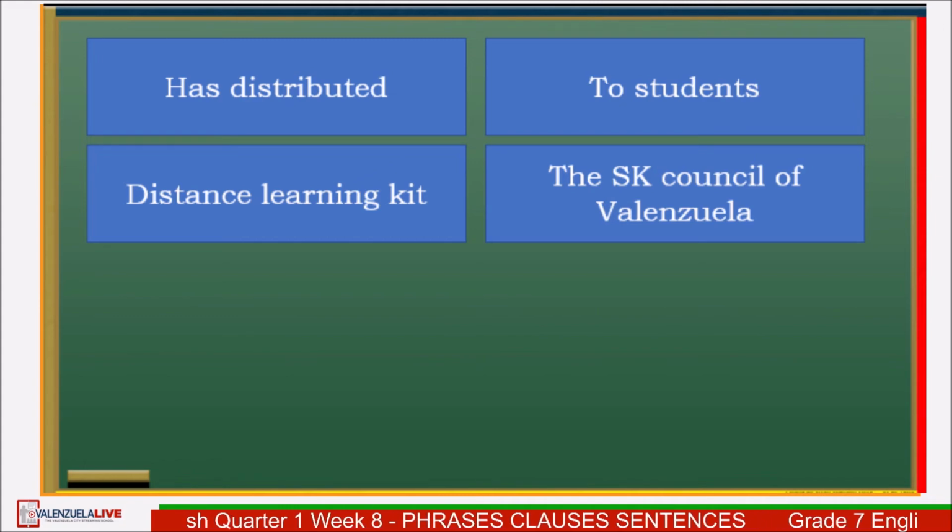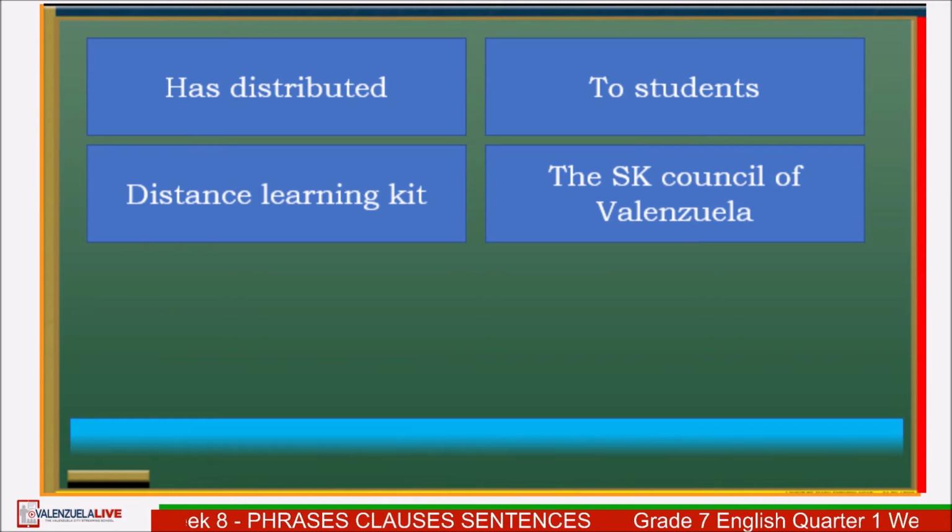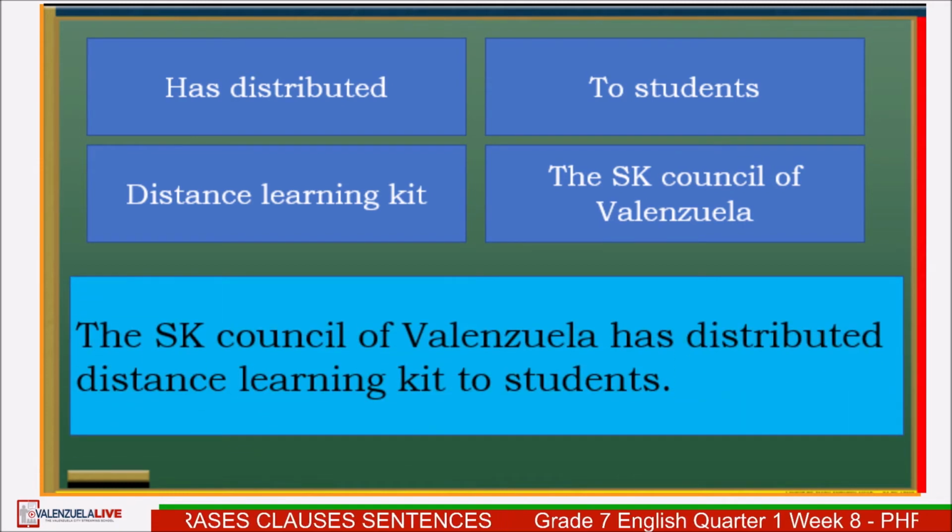What sentence can you form from these words? The correct answer? The SK Council of Valenzuela has distributed distance learning kit to students.